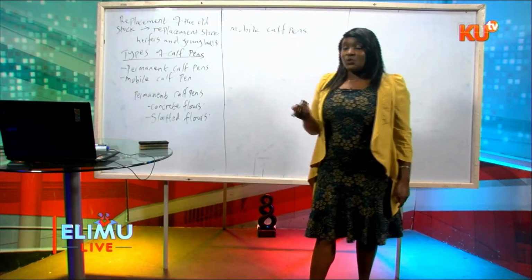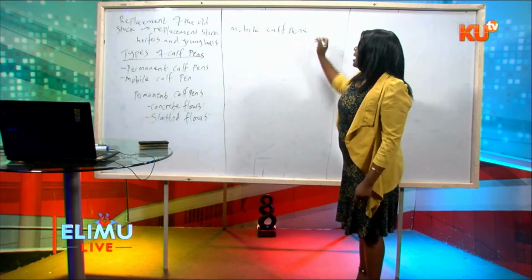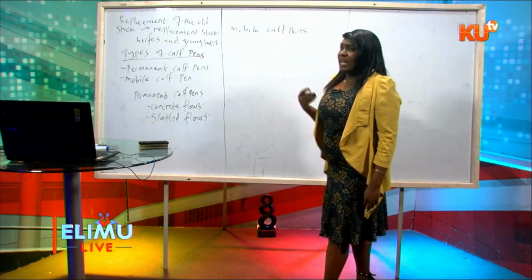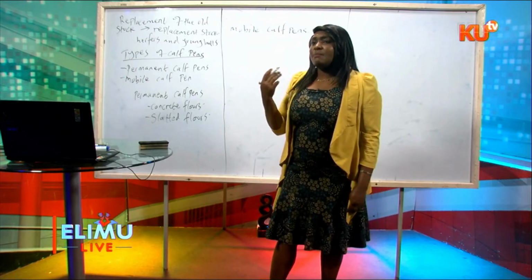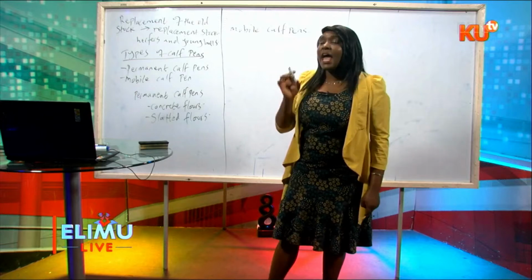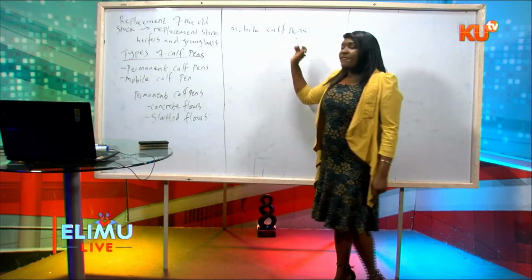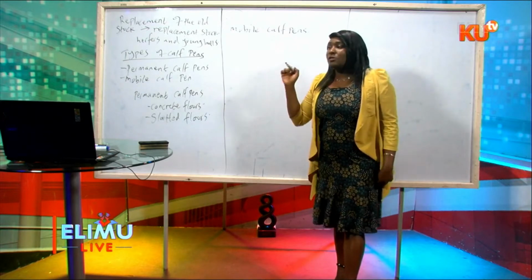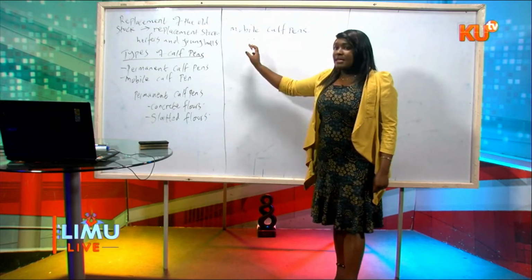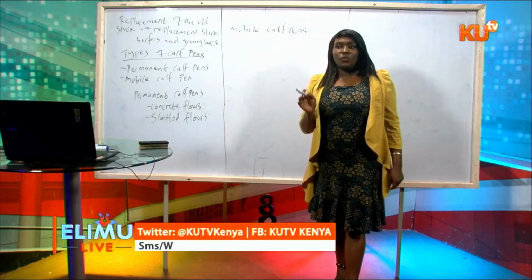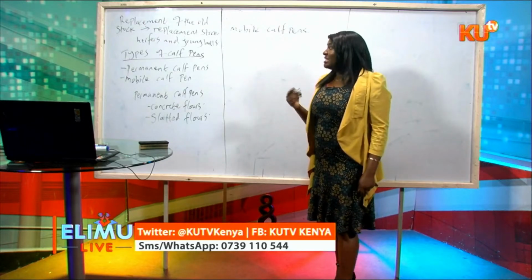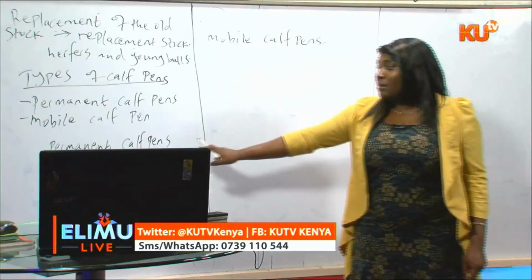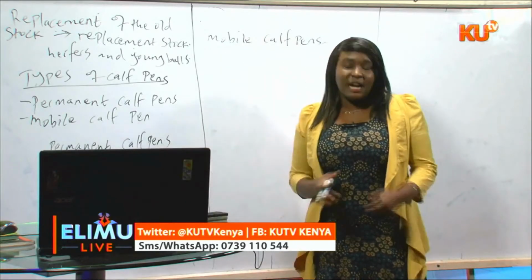Maybe a disadvantage we can point out on the mobile calf pens is that they are a bit laborious and tedious, because every other day the farmer must move them, or look for someone to move these calf pens, and it consumes a lot of time compared to the permanent calf pens.